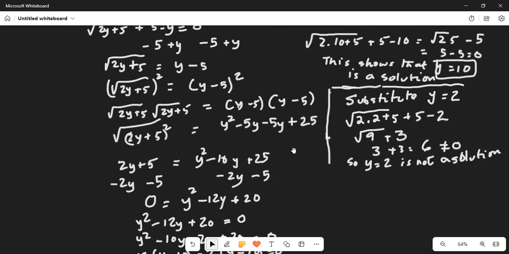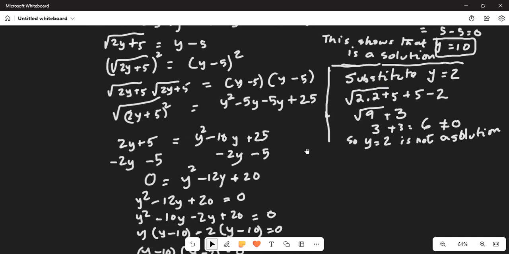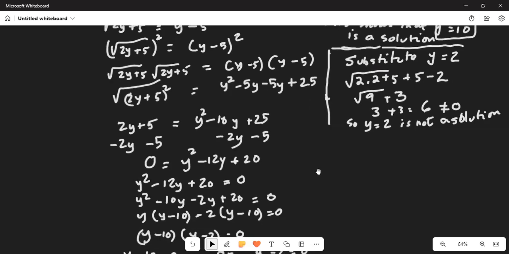Now we will keep all the y's on one side of the equation. So I subtract 2y and 5 from both sides of the equation. I get 0 equal to y squared minus 12y, and 25 minus 5 is plus 20. So I write y squared minus 12y plus 20 equal to 0.